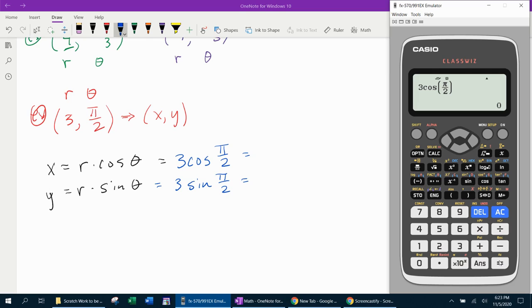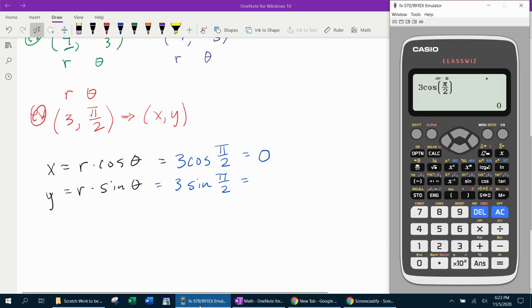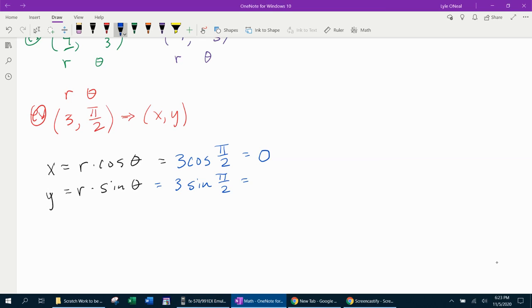And we get 0. So that means that our x coordinate is going to be 0. And if we bring the calculator up and go back, I can delete and choose sine instead. 3 sine pi over 2. That's going to give me a 3. And we're pretty much done.